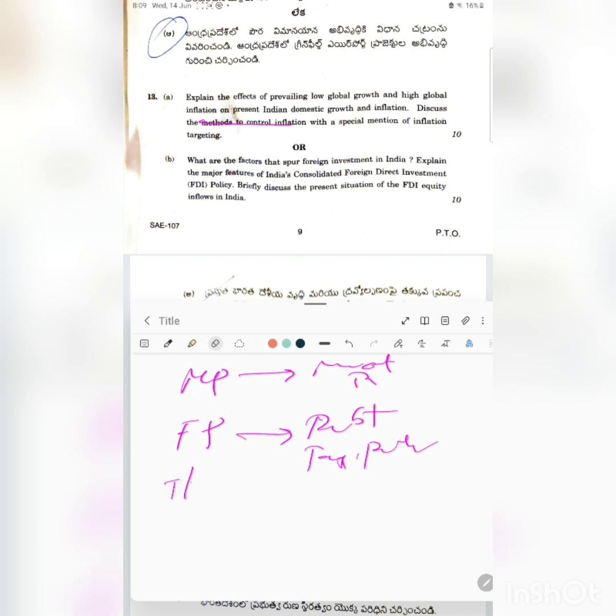And as far as inflation targeting is concerned, it is set by the Monetary Policy Committee, where a 2 to 6% inflation band is created, and if it goes beyond 6% or below 2%, then the government tries to take various policy measures to target inflation through its monetary policy.